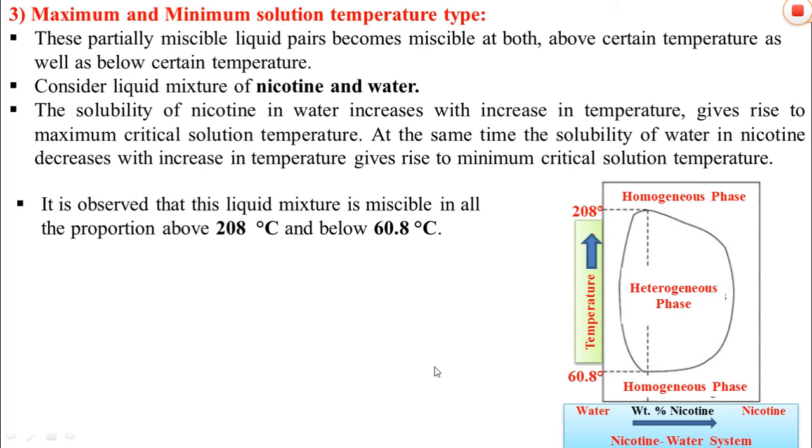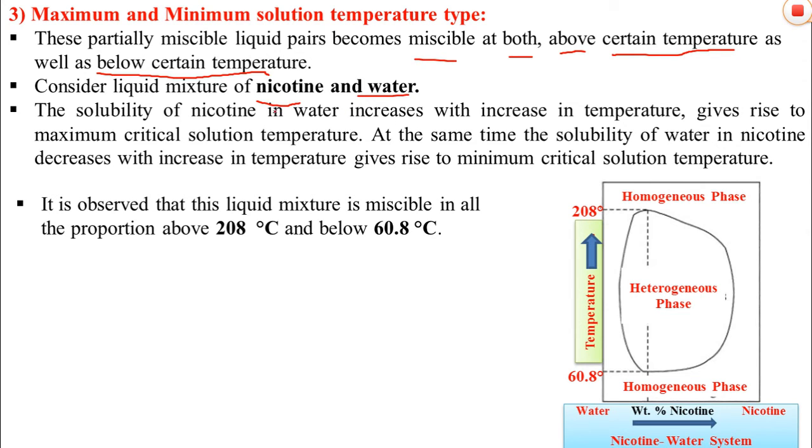Our third type is the maximum and minimum solution temperature type. In this type, the partially miscible liquid pair becomes miscible both above a certain temperature as well as below a certain temperature. Therefore, this type is called the maximum and minimum solution temperature type. For example, the nicotine and water system.